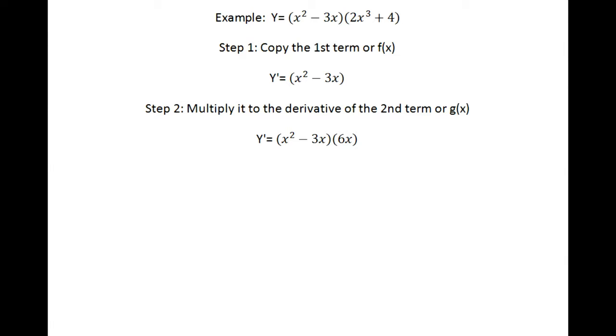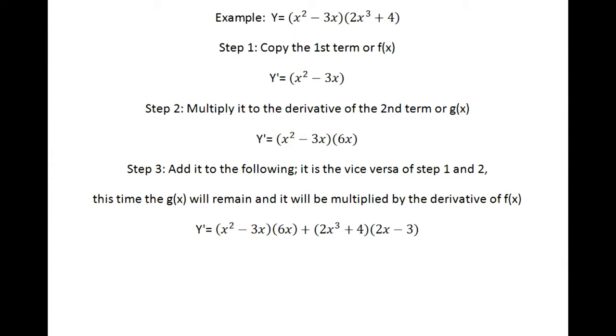So, sa third step, i-add lang natin yung nakuha natin sa second step dito sa following steps, which is parang vice versa lang ng ginawa natin. Ikakopy natin yung second term or the g of x times the derivative of the f of x or the first term.